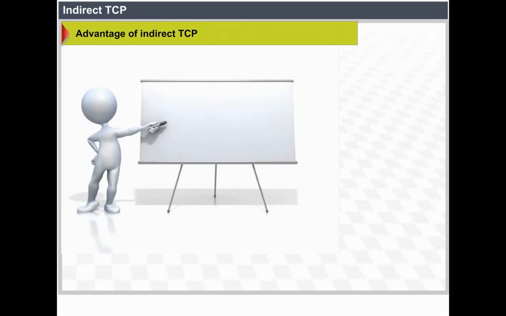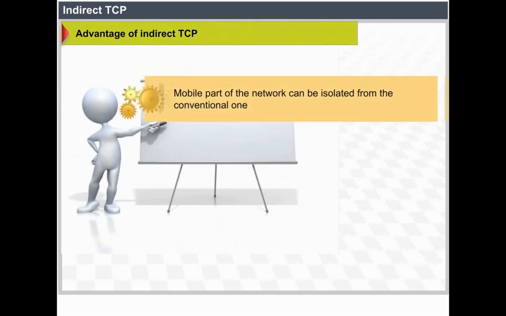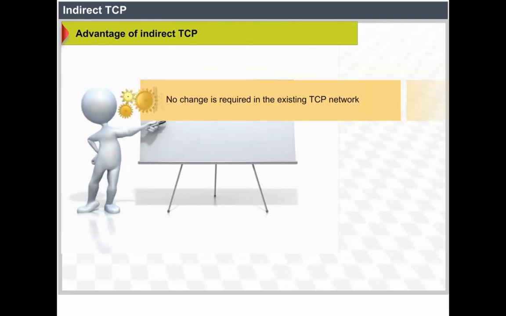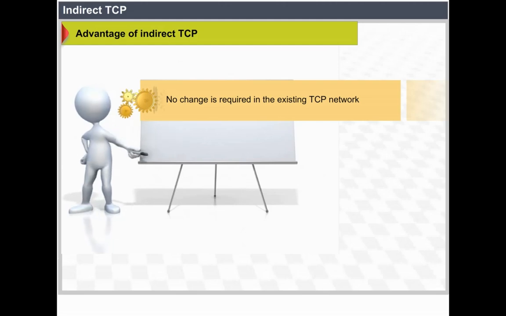Advantage of indirect TCP: the mobile part of the network is isolated from the conventional network. No change is required in the existing TCP network.